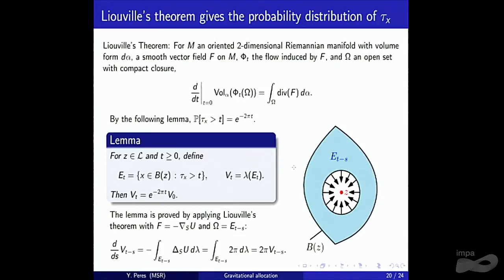In our case, it leads to the exponential distribution. Remember, our force is minus the spherical gradient of u, and we look at the set E_t, which are the points that are swallowed after time t. Note that this set doesn't include the singularity, so on this set, the flow is completely smooth.